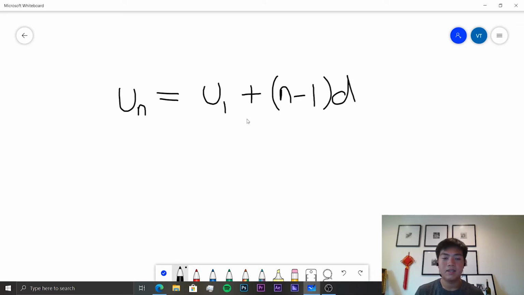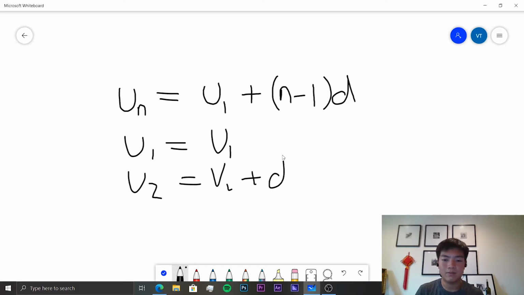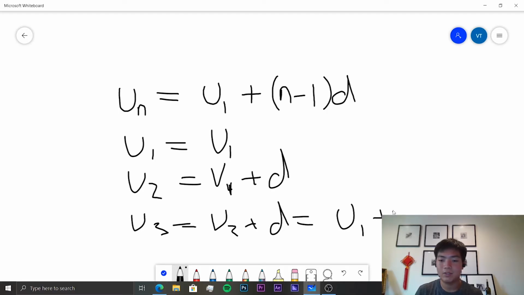To understand why this works, the first term is obviously just the first term. Then the second term is equal to the first term plus the common difference between the terms. And then the third term is equal to the second term plus the common difference, which is equal to the first term plus 2 times the common difference. And so that's why it's (n minus 1)d.